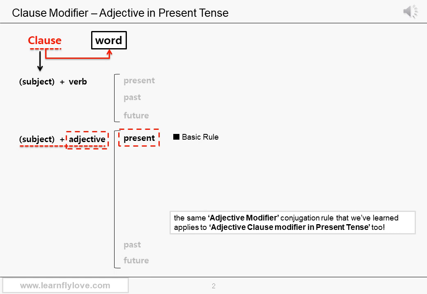So the basic rule is when the last letter of the stem doesn't have a final consonant, you add the final n consonant to the last letter of the stem. And when the last letter of the stem has a final consonant, you add n sound to the stem. All the irregular conjugation rules that we learned for adjective modifier apply as well.